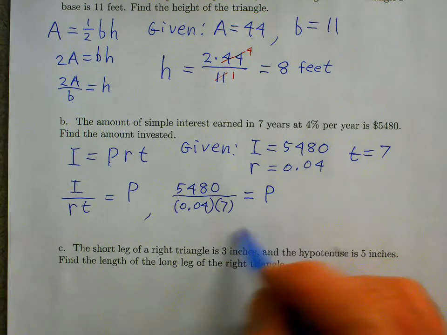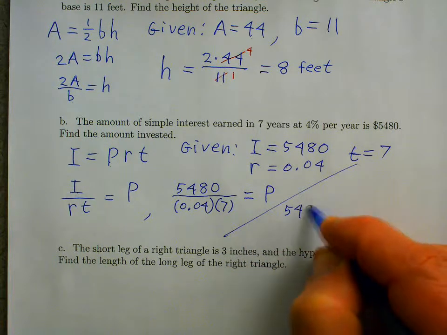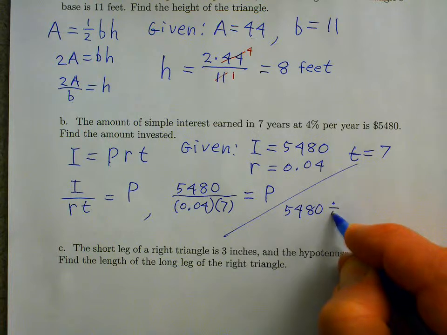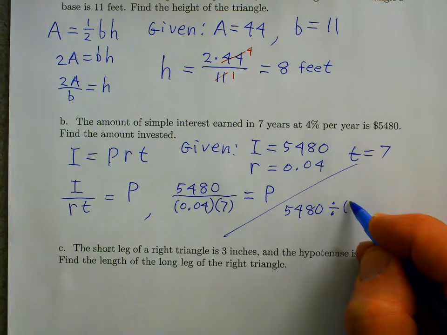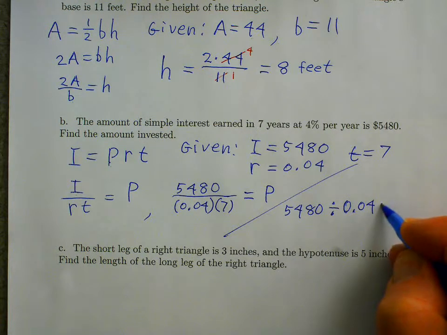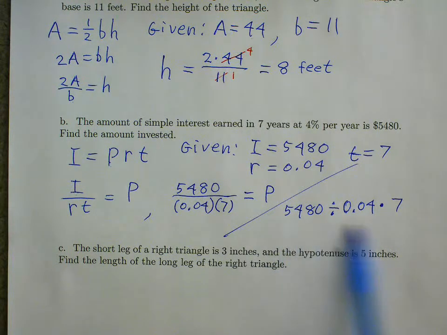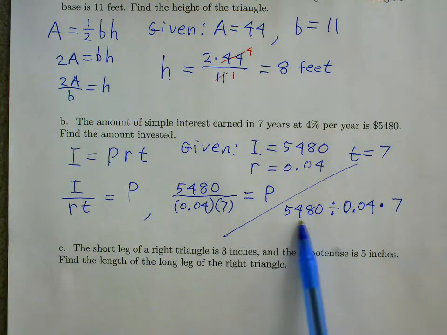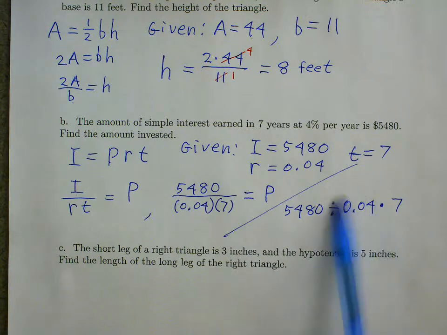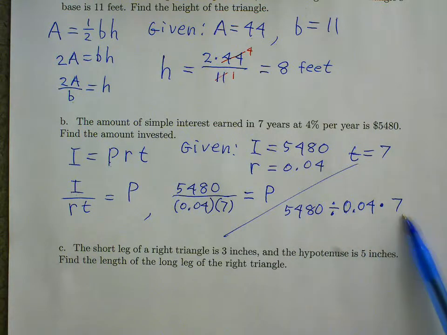On some calculators, if you divide 5480 by 0.04 and then times 7, if you key it in like this, it will divide 5480 by 0.04, but then it will multiply that quantity by 7 instead of dividing that quantity by 7. You see what I mean? And that will give you the incorrect answer.